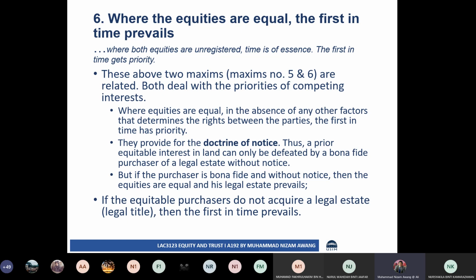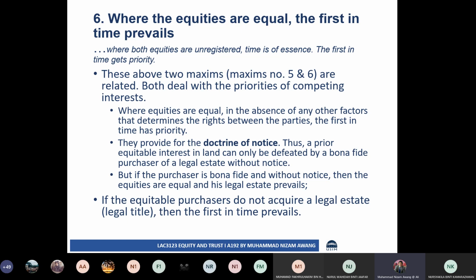In this case, both are equitable owners with equitable titles, and both parties do not go for registration of title, or did not enter any caveat on it. If they register, of course, any one of them will have a better title over the other, right?